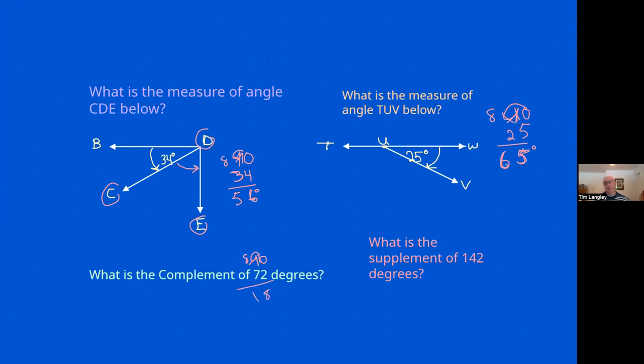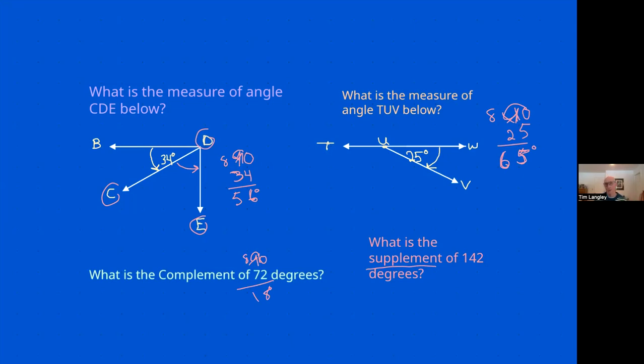Now look at the next question. What is the supplement? Oh, okay, here's the different word. Supplement of 142 degrees, okay? Well, supplements add up to what? 180. Complements add up to 90, they complement each other to 90, but supplements 180.